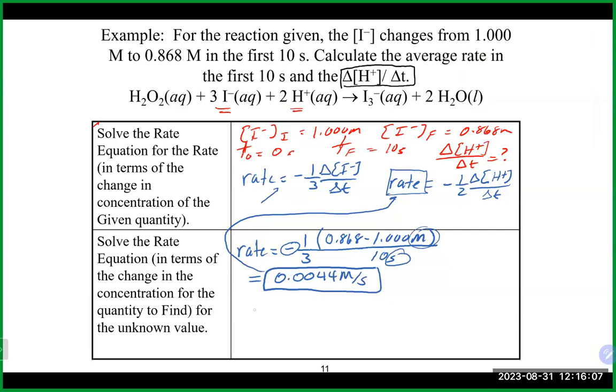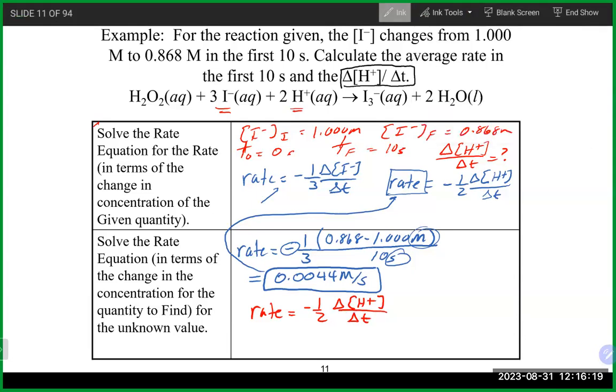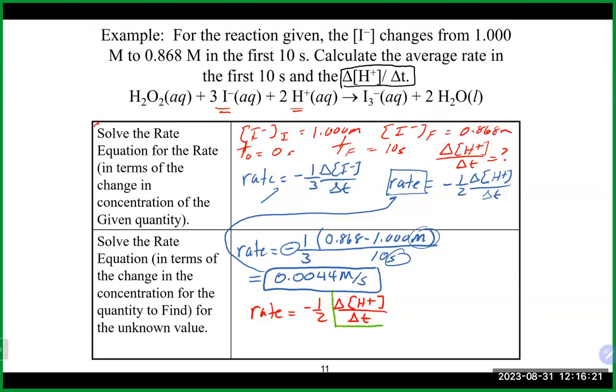Which means ultimately I am looking for how H plus is changing with time. So if I write my rate expression down here for that again, minus 1 over 2 times the change in the concentration of H plus over the change in time, I am essentially looking to solve for this part of it, yes? That means I need to multiply the 2 to the other side, but not just the 2, the negative as well, right?